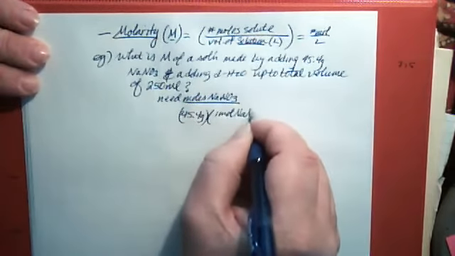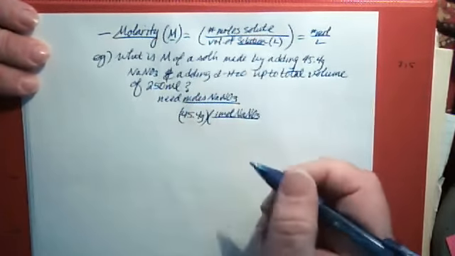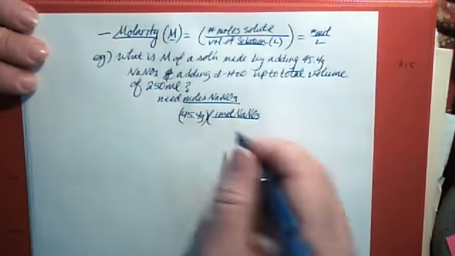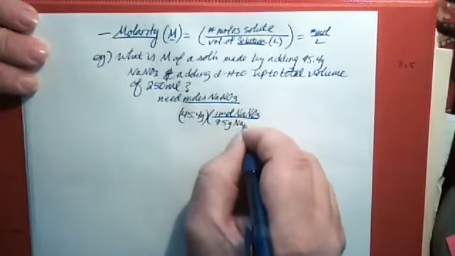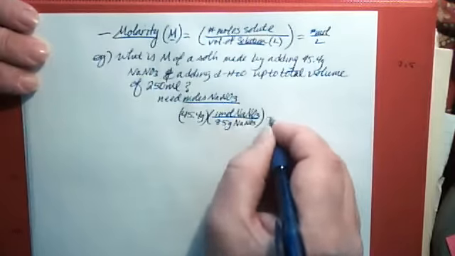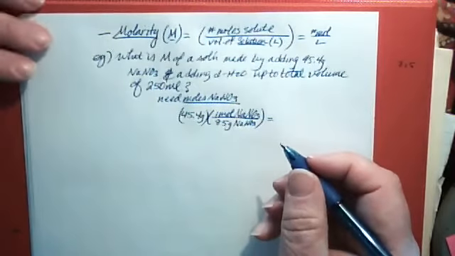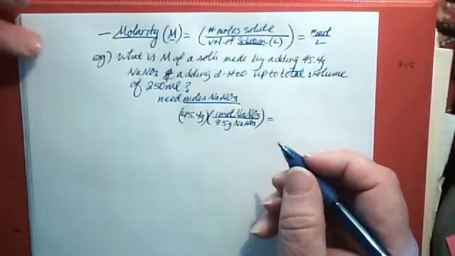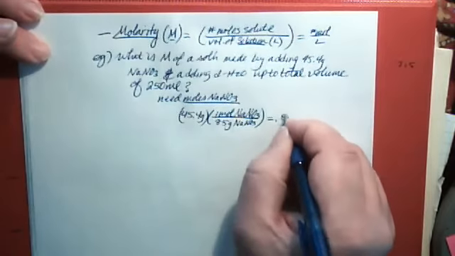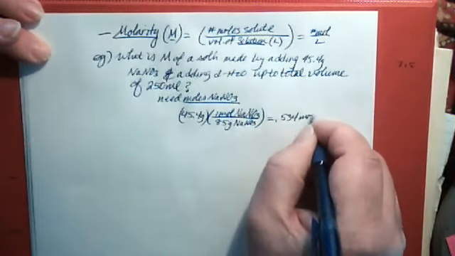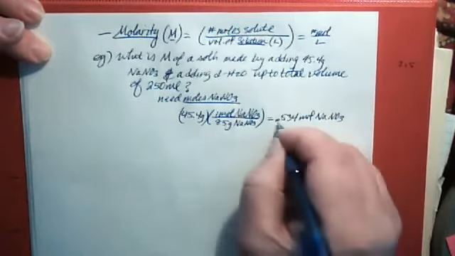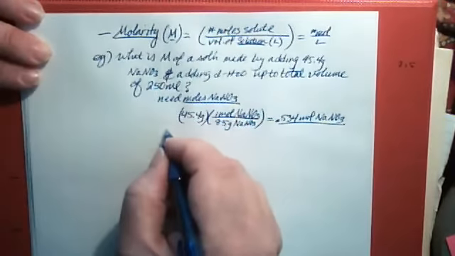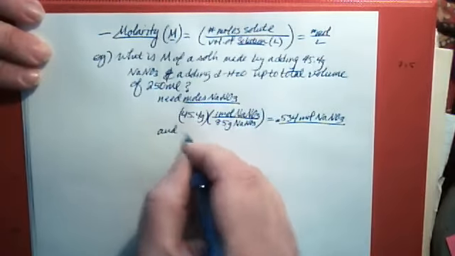You go to the periodic table to find the molar mass of sodium nitrate, which is 85 grams per mole. And 45.4 grams divided by 85 is 0.534 moles NaNO3.